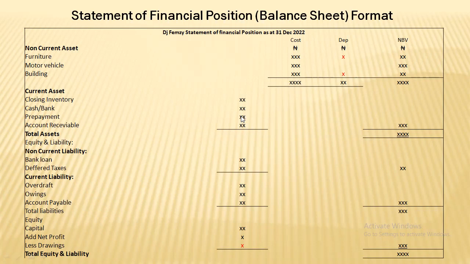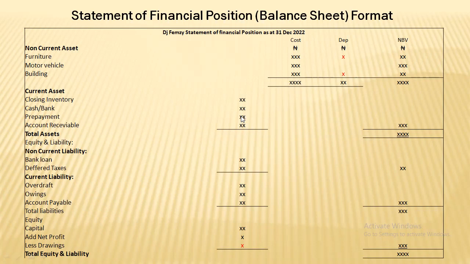Now, all these accounts change frequently as the organization enters into different transactions. So at the end of the day, we sum up all our current assets, we add it to our non-current assets, and we will now have what is called the total assets.